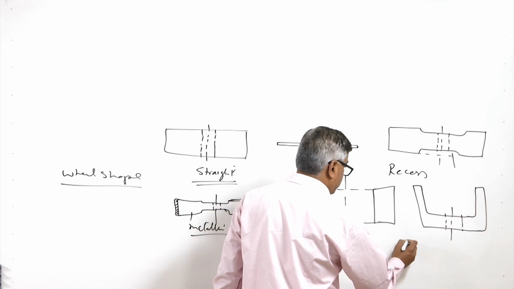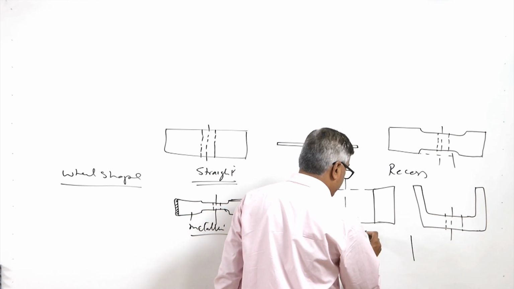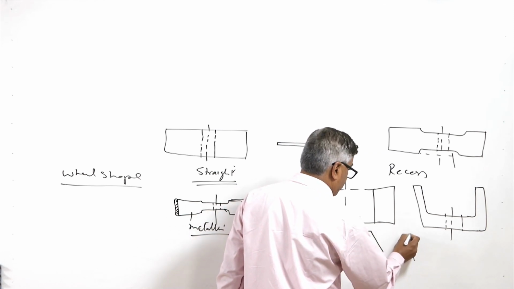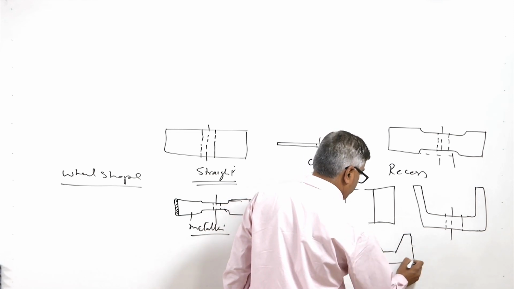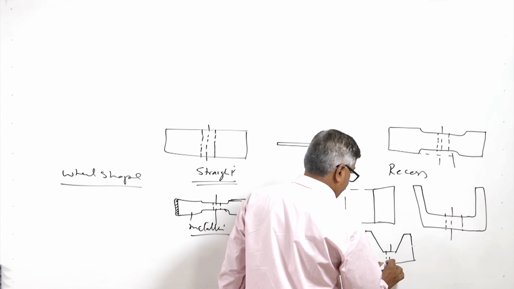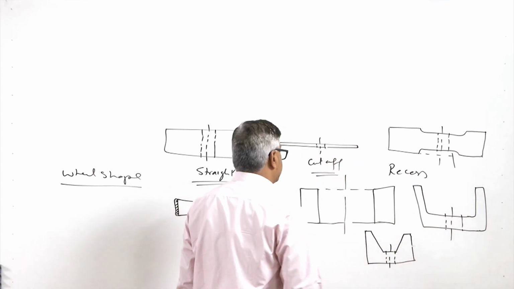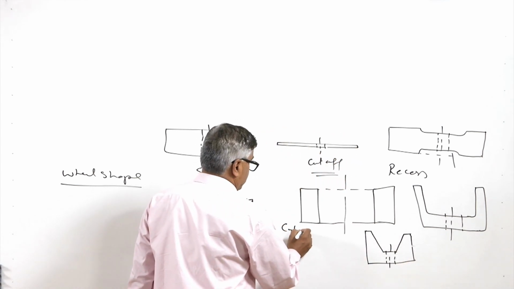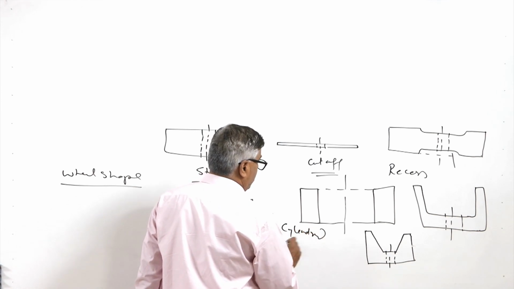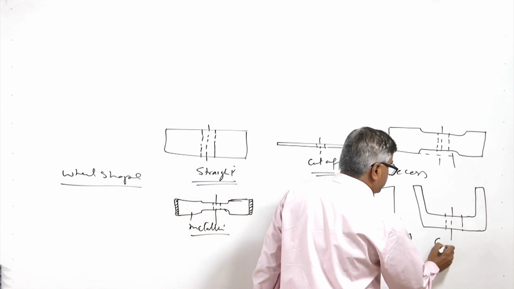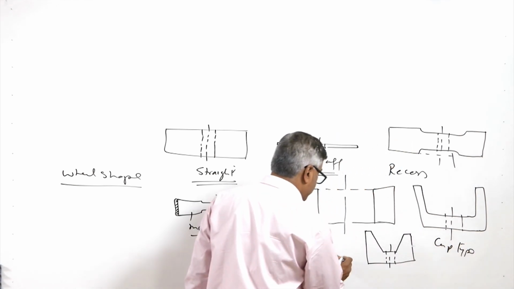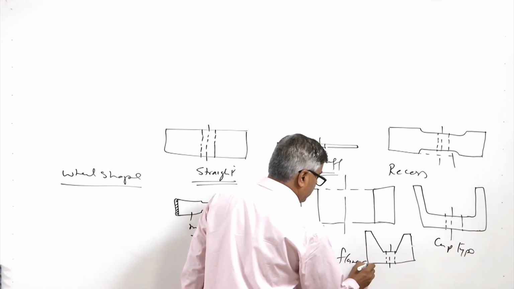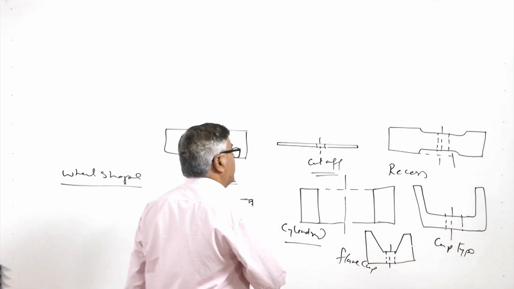Then another wheel is the flare cup shape. Flare cup shape is like this, wherein the center hole is at the center. So, this is cylindrical grinding wheel, this is cup type, and this is flare cup type of the grinding wheel.